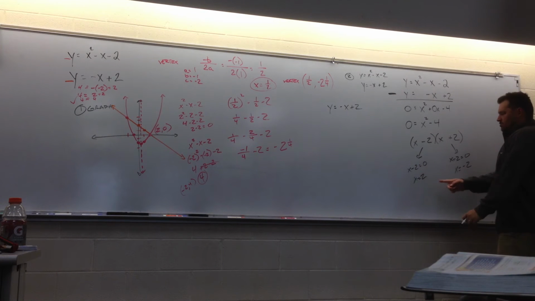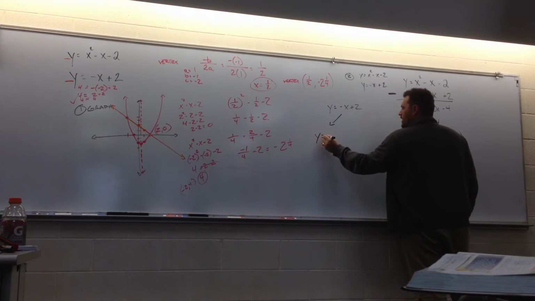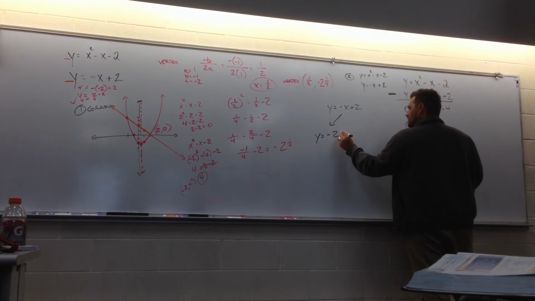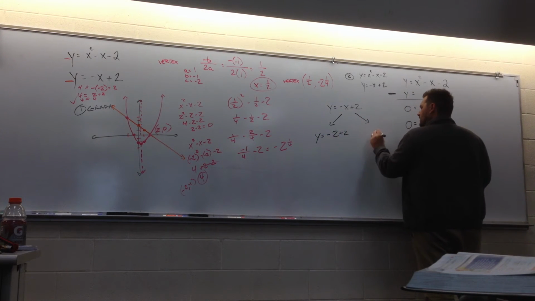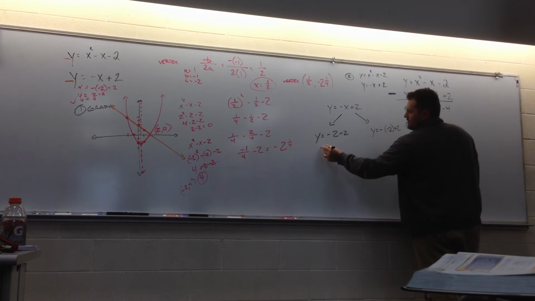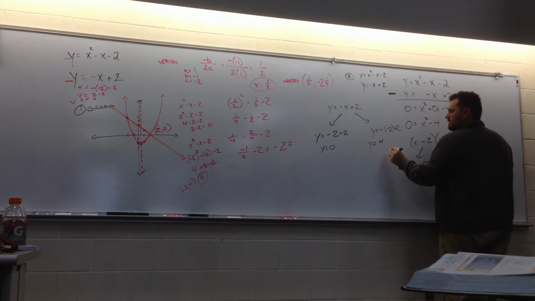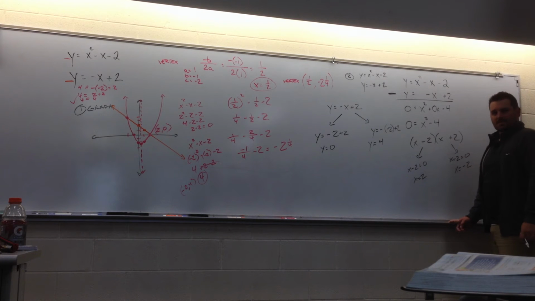All I have to do is plug in both of these values. So here I have y equals negative 2 plus 2, and here I have y equals negative negative 2 plus 2. This is 0. This is 4. Does that make sense?